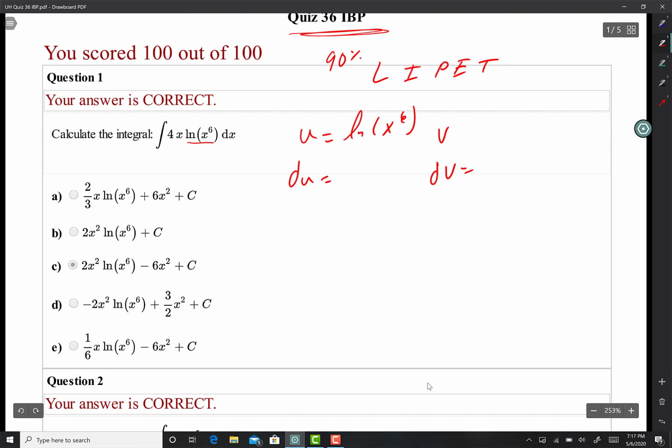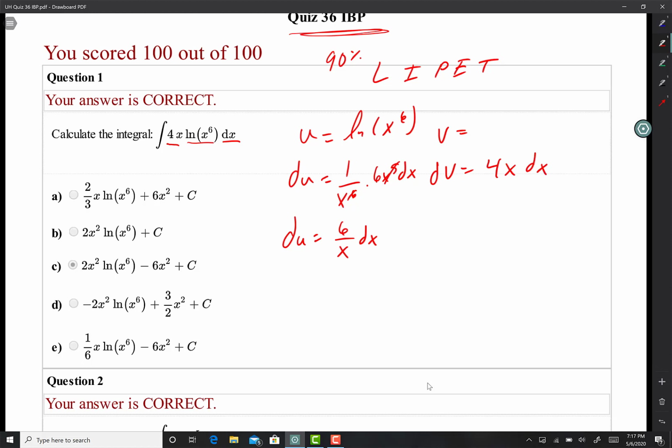Then the derivative du is 1 over x to the 6 times 6x to the 5th dx. These 5's cancel out, and you get 6 over x dx. Then the 4x coupled with the dx is my dv, so dv is 4x dx, which means v is 2x squared. You just do the antiderivative of that.